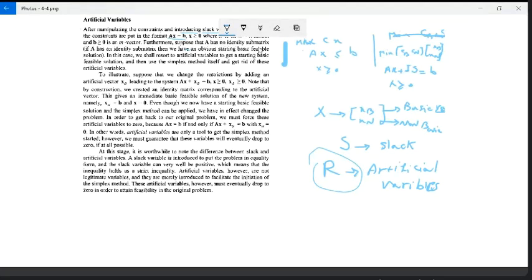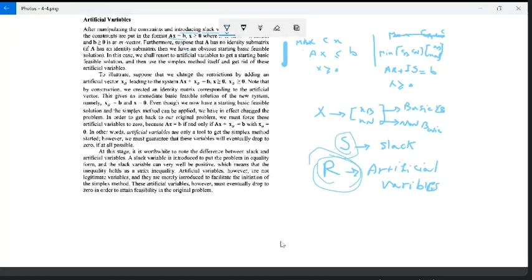If R has an identity submatrix, then we have an obvious starting basic feasible solution. In this case, we shall resort to artificial variables to get a starting basic feasible solution, and then use the simplex method itself to get rid of these artificial variables. What does this mean? R is an artificial variable, S is a slack variable.